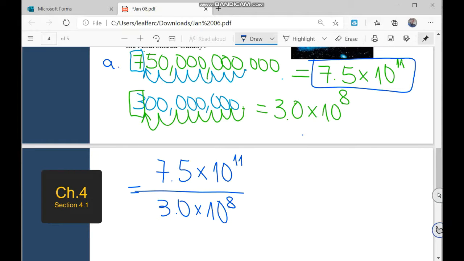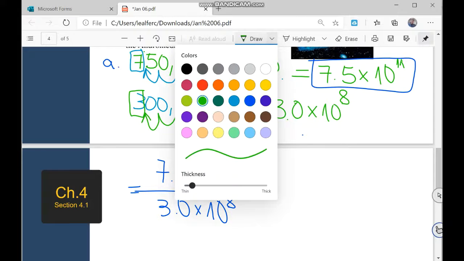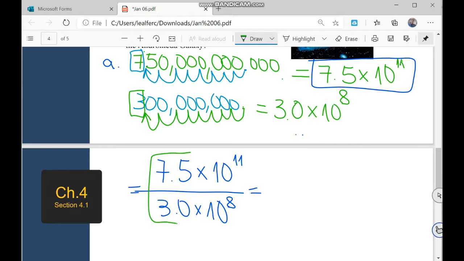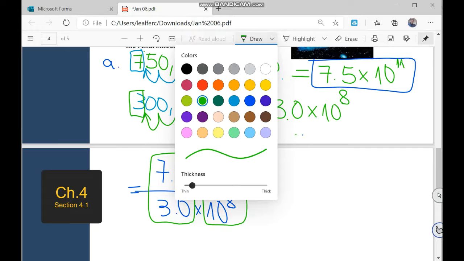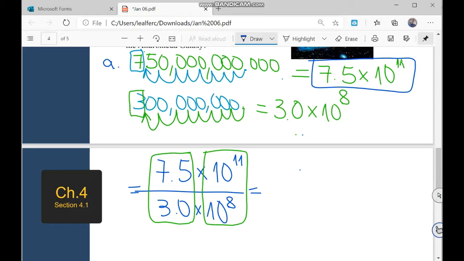When we do this using scientific notation, it's easier because we can split it. You can do this fraction multiplied by this fraction. Let's split these two fractions apart. So we have 7.5 divided by 3 is 2.5 times, and 10 exponent 11 divided by 10 exponent 8 is 10 to the power of, remember the property that we worked on yesterday?